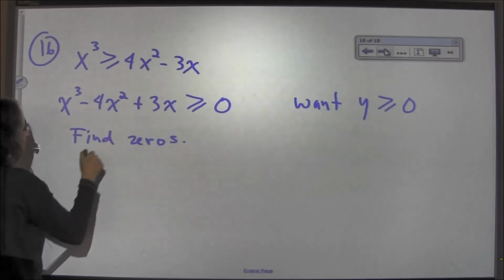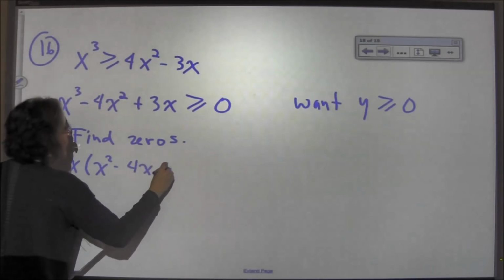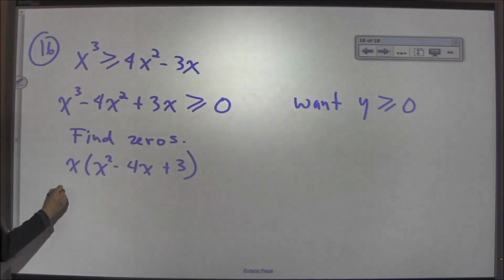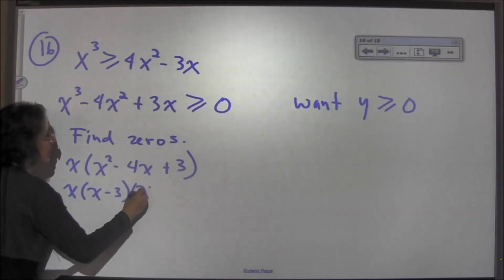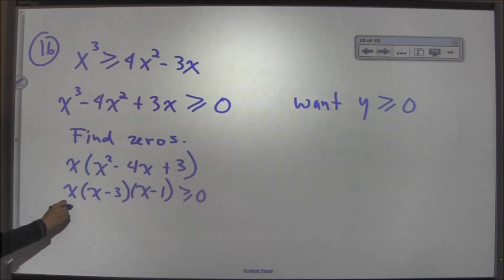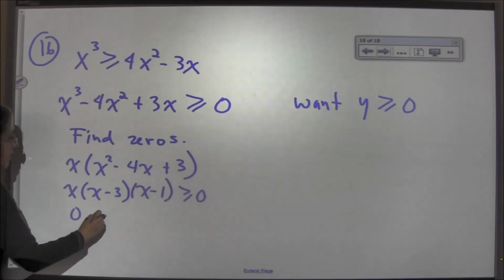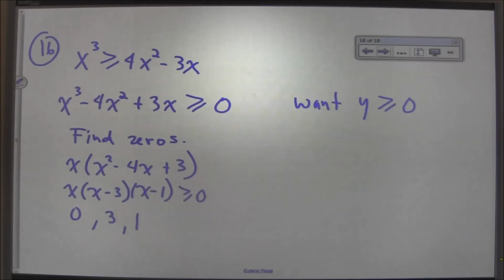Okay, so we're going to factor out x. And then I have a trinomial to factor. It factors as x minus 3, x minus 1. And so the critical values are 0, 3, and 1. Those are the numbers that make those factors 0.